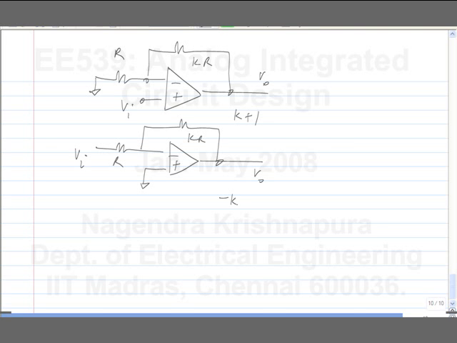You can evaluate it and see. And you can even put parasitics if you want, for example a parasitic from here to ground. It will only change the zeros.